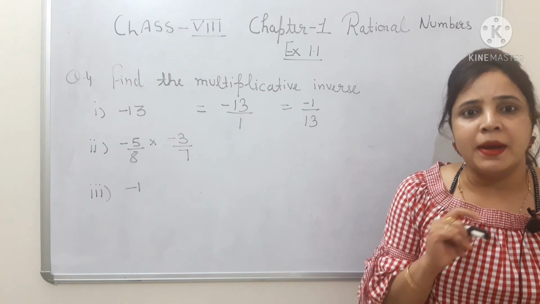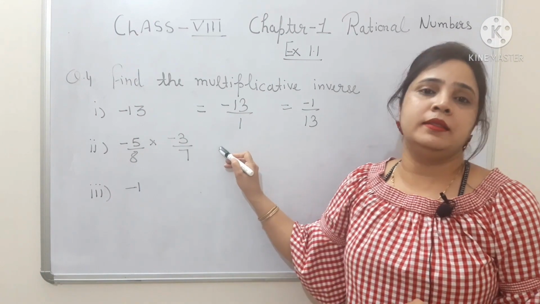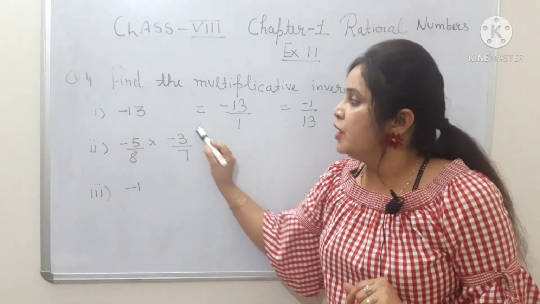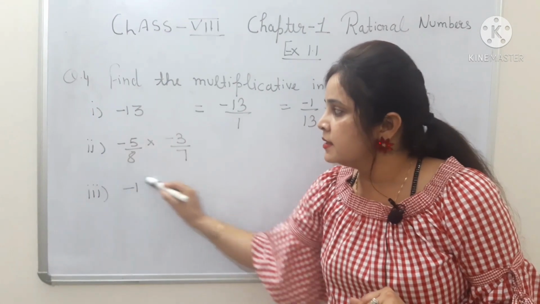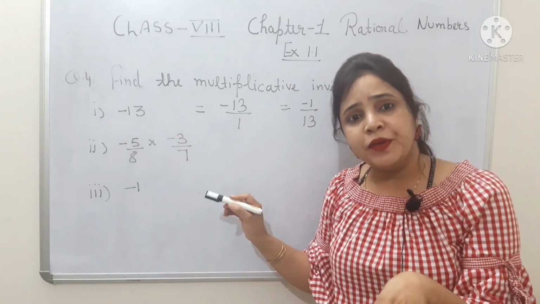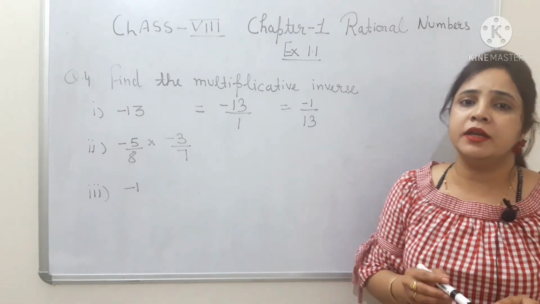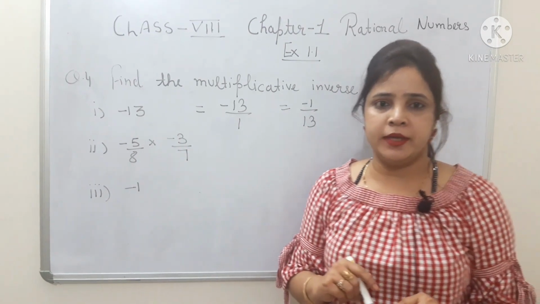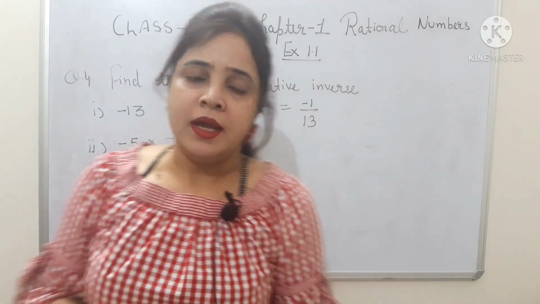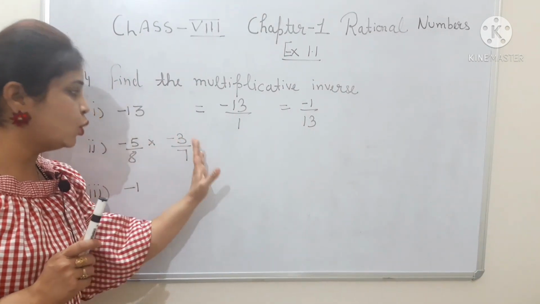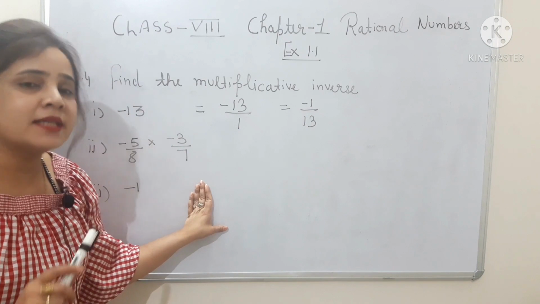But this is the wrong method. आपको क्या करना है? Firstly, you have to solve this. After solving it, whatever values you will be getting, you have to find out the multiplicative inverse of those particular values only. Getting my point? It is not like that कि आप separately दोनों का multiplicative inverse निकालोगे. ऐसा नहीं है.